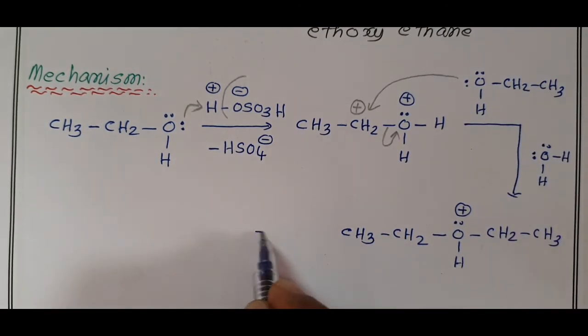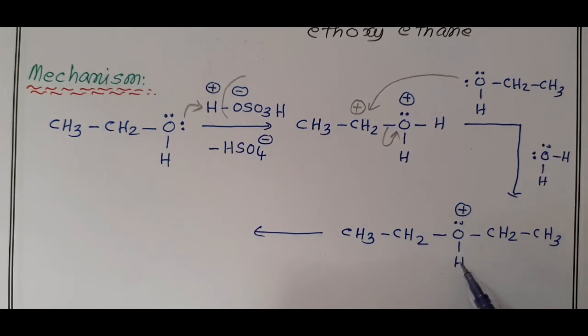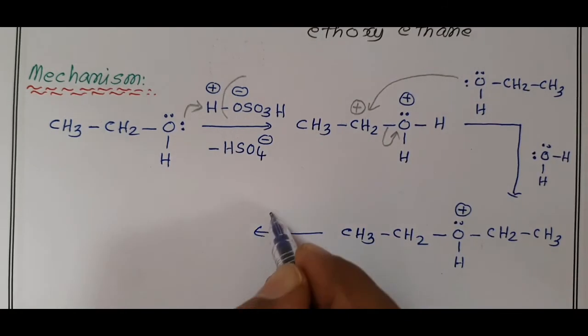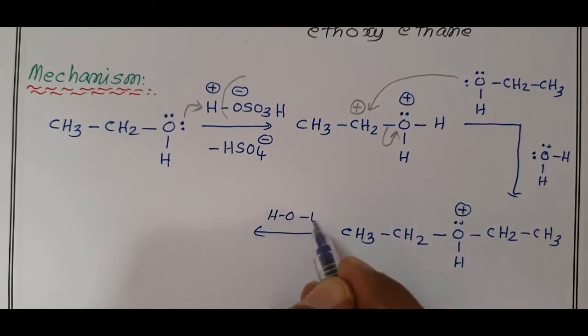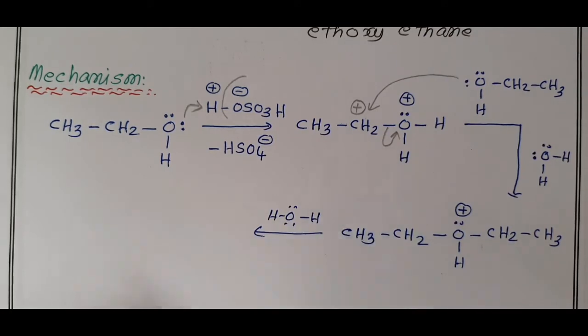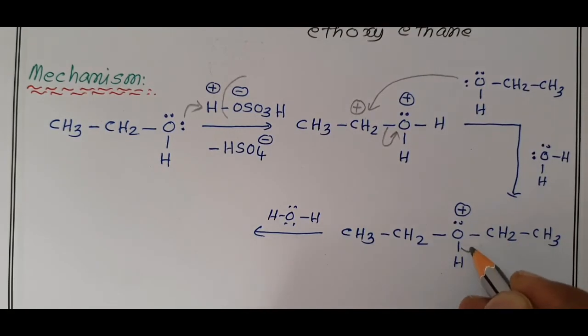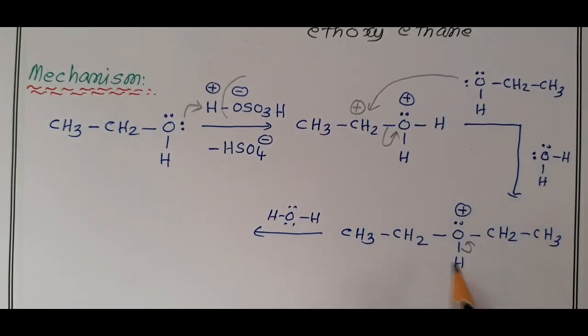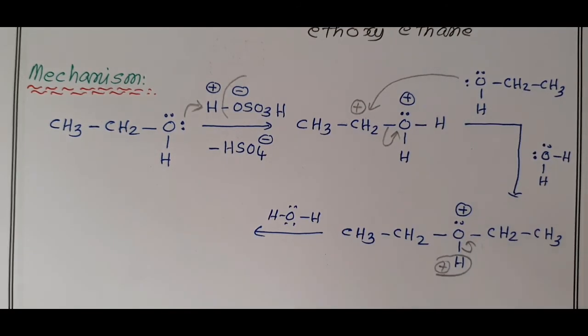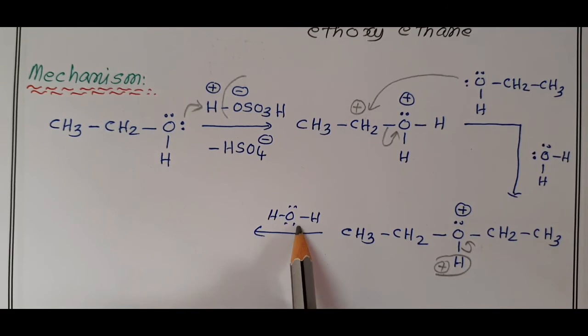Now, to remove the H plus from this intermediate compound, a water molecule is added, H, O, H. Oxygen has two pairs of electrons. Whenever oxygen donates a pair of electrons, in the next step it removes a pair of electrons from the nearby bond. Hydrogen is removed as an H plus ion, a proton. Now this plus is abstracted by the water molecule.